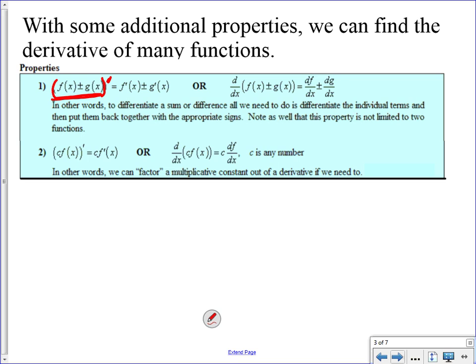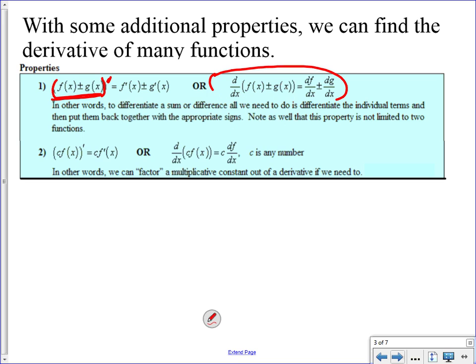You can find the derivative of f, and then add or subtract the derivative of g. So if you're finding the derivative of a sum or a difference, you can find the sum or the difference of the individual derivatives. And then over here, this is just showing you using the other notation.